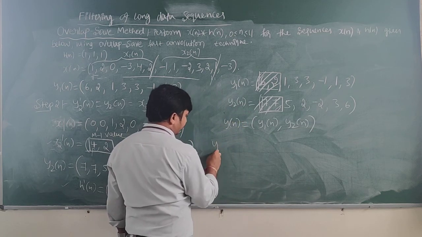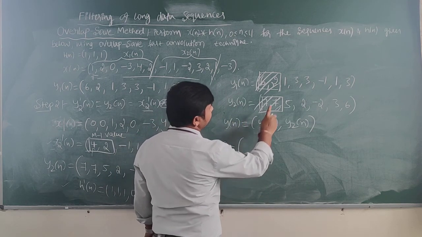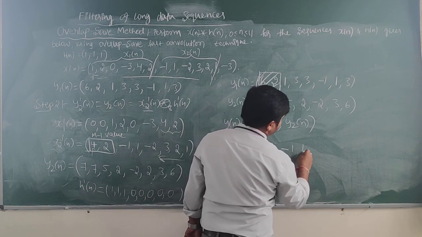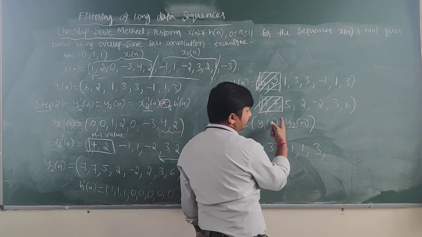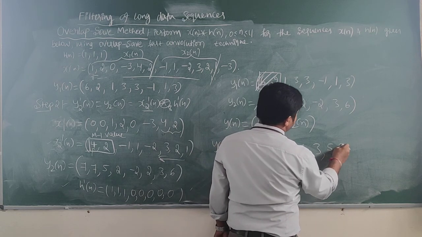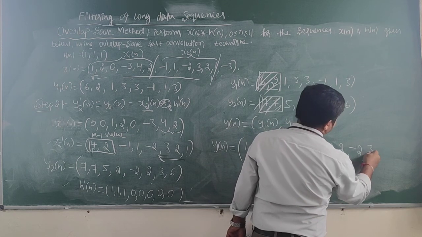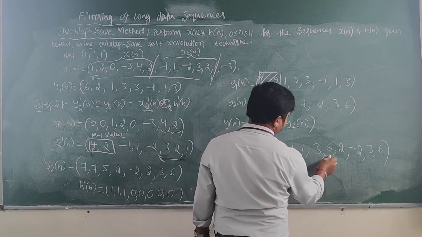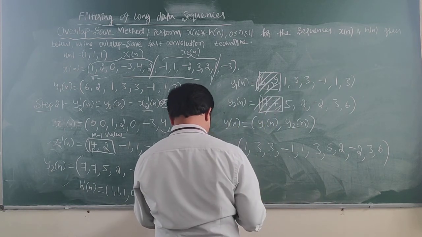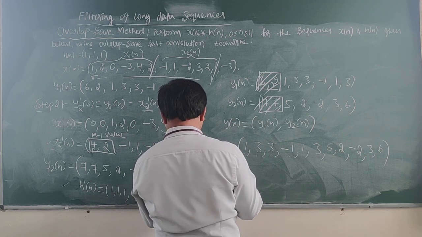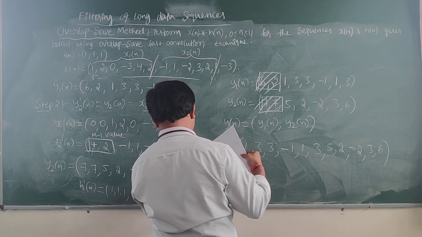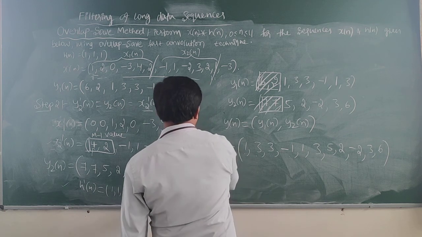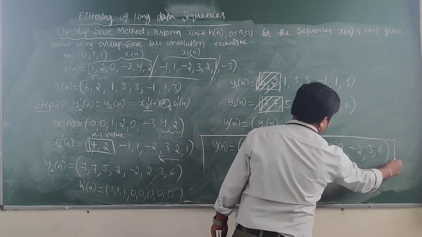So y of n is 1, 3, 3, minus 1, 1, 3, where the first 2 are discarded, and next is 5, 2, minus 2, 3, 6. This is my final output.